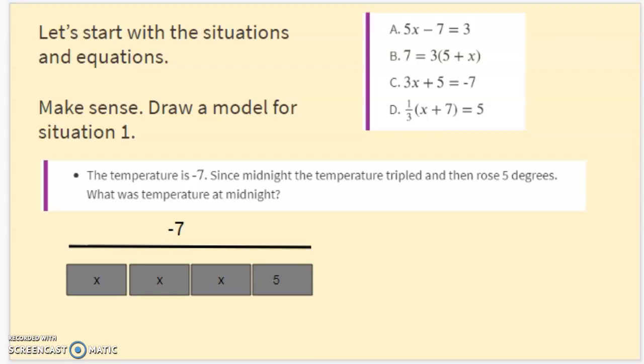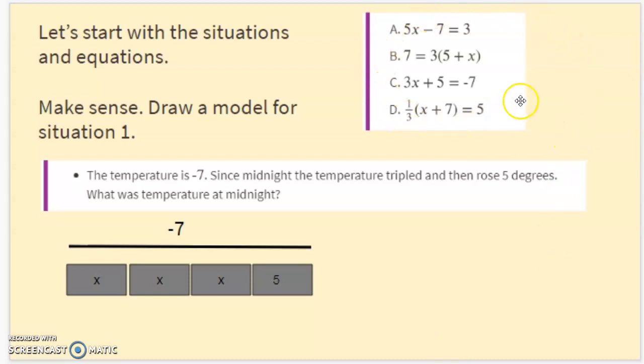Here's a possible model. We have -7, 3 x's, and then a 5. So the current temperature, -7. Since midnight, the temperature tripled. Don't know what that temperature was, so we have 3 x's, which is the same as 3 times something. And then the temperature rose 5 degrees, so there's an additional 5 here.